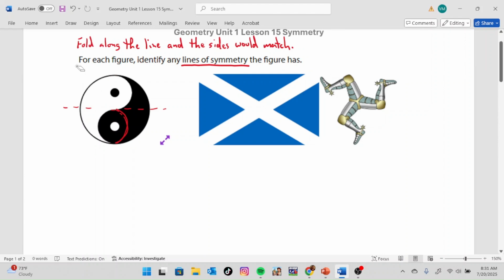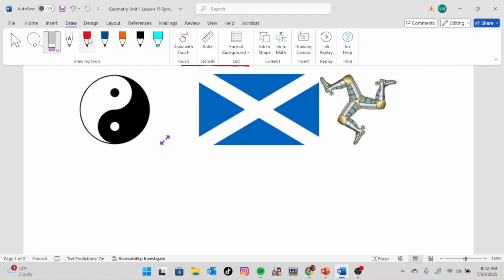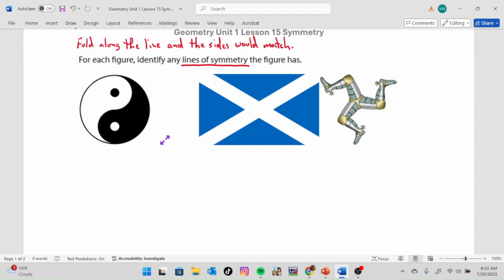So that couldn't possibly be a line of symmetry. And then if we tried to do some kind of diagonal in either direction, you end up with the same problem. So for this first figure, there's no lines of symmetry.